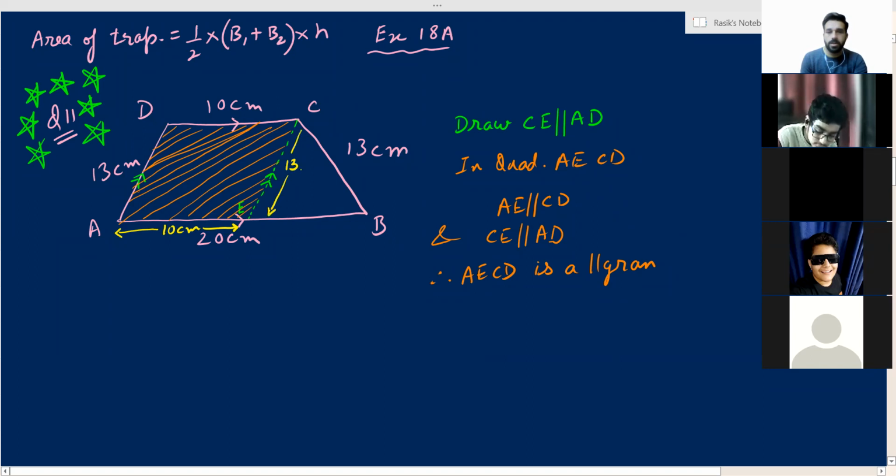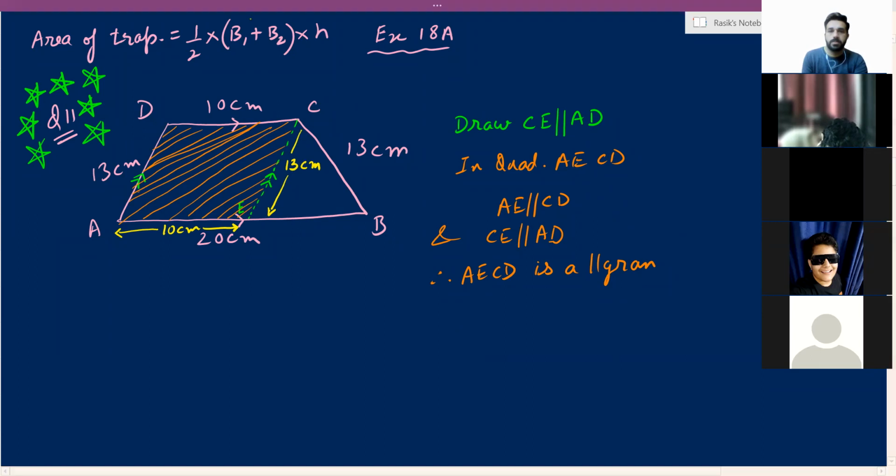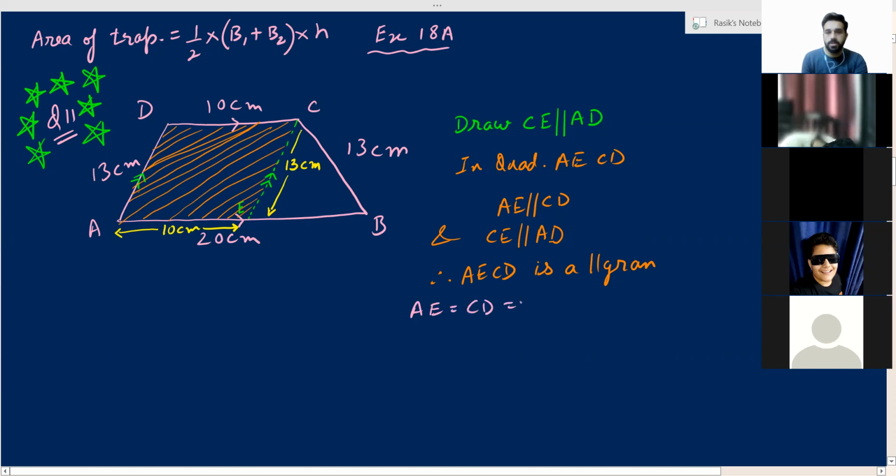CE is 13. Again, opposite sides of a parallelogram. So AE is equal to CD equals 10 centimeters and CE equal to AD, 13 centimeters.